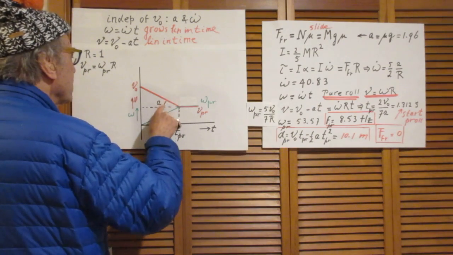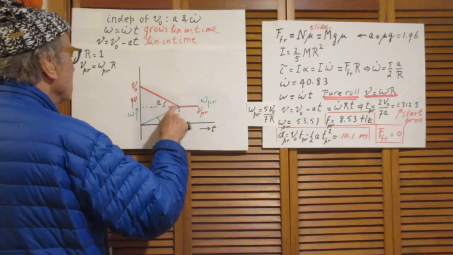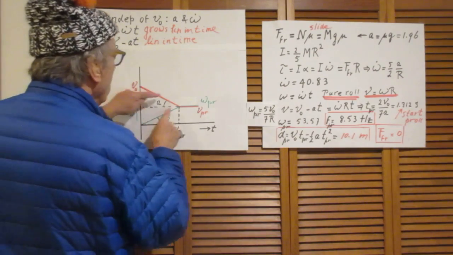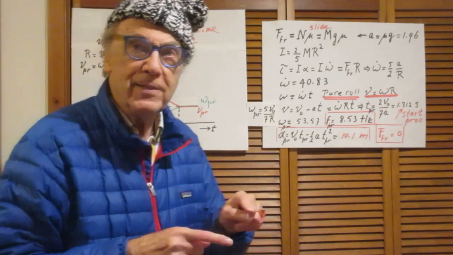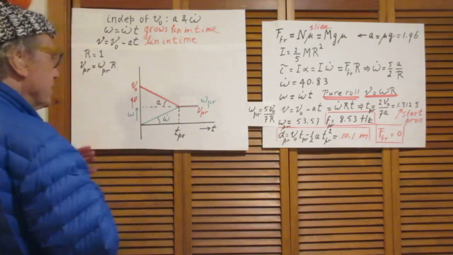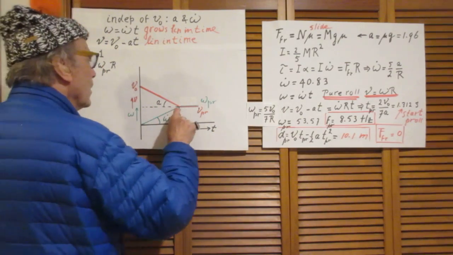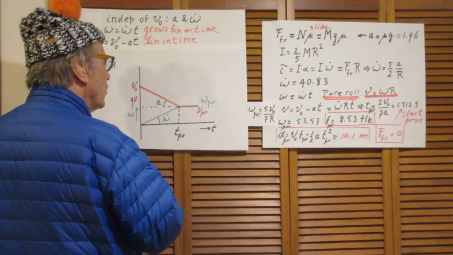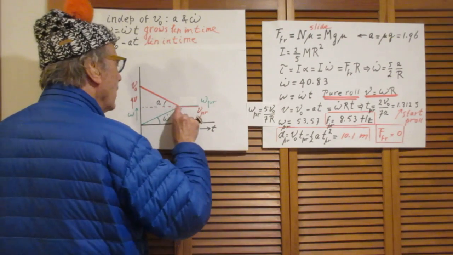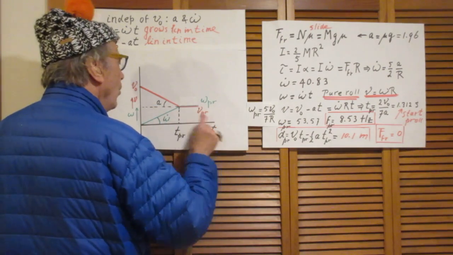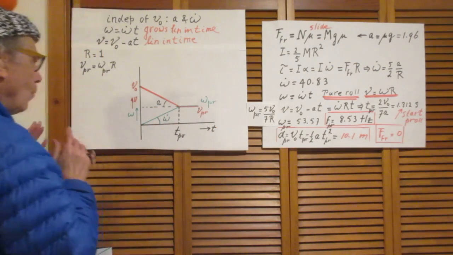And this angle, which is the acceleration, is A. And when the two meet, because r equals 1 in my case, omega remains the same and V remains the same. So omega at pure roll condition continues the same as it was in time, and the speed of the center of the ball also remains constant.